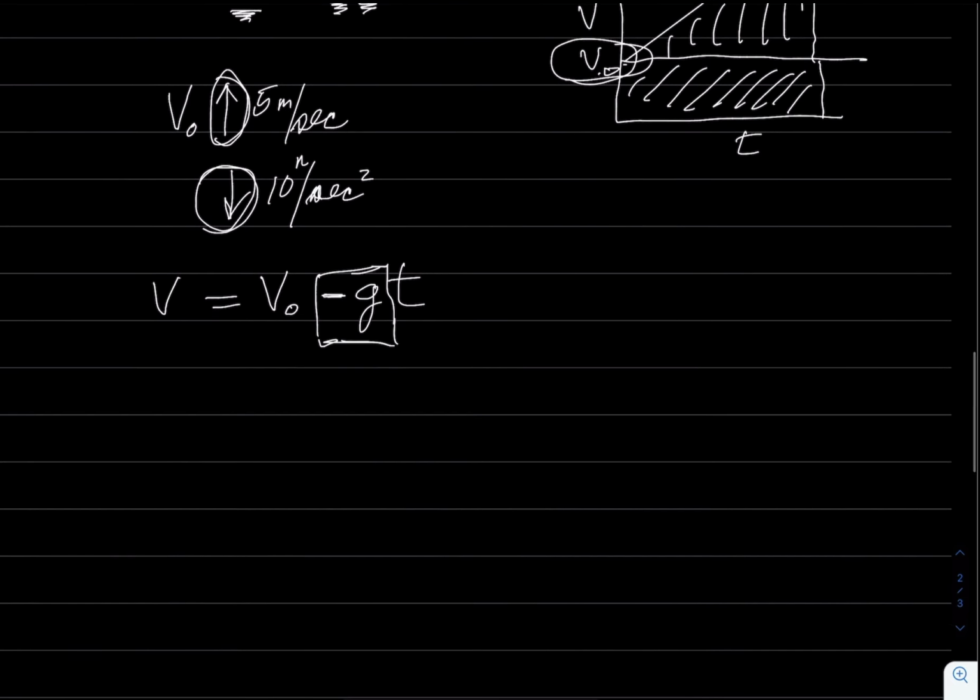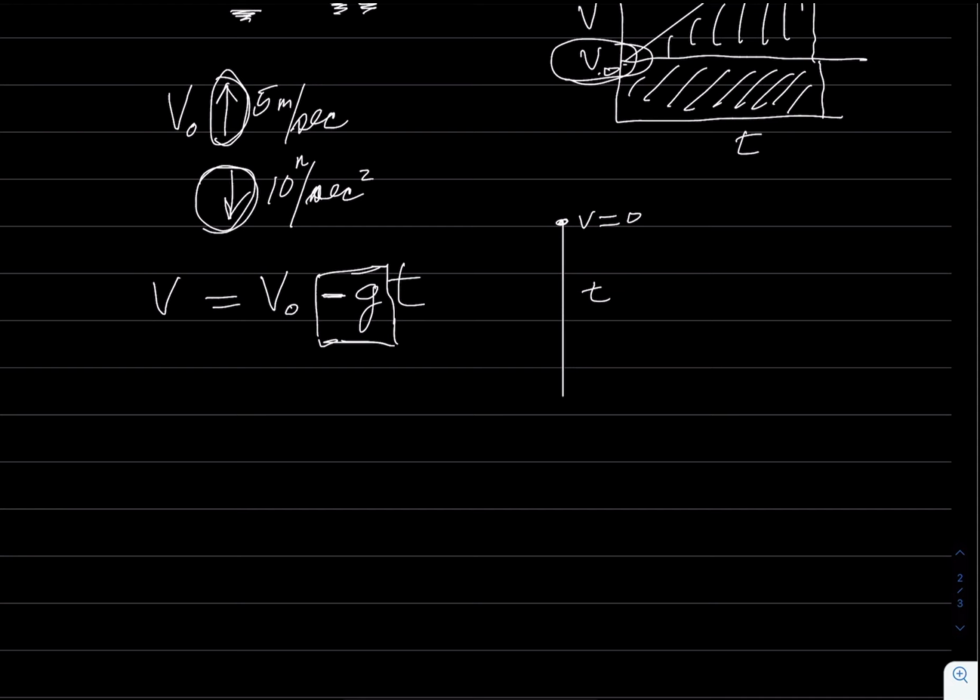So let's work that out. We are looking for the amount of time that will cause the velocity to be 0, because the ball is going to go up and slow down, slow down, slow down, and it's going to stop. And when it stops, its velocity is 0, and that's what we're looking for. That will give us the amount of time that it rose.